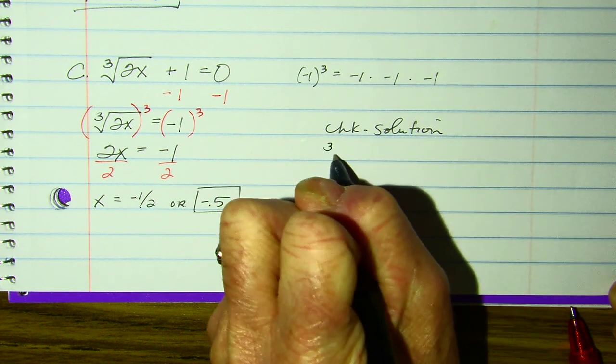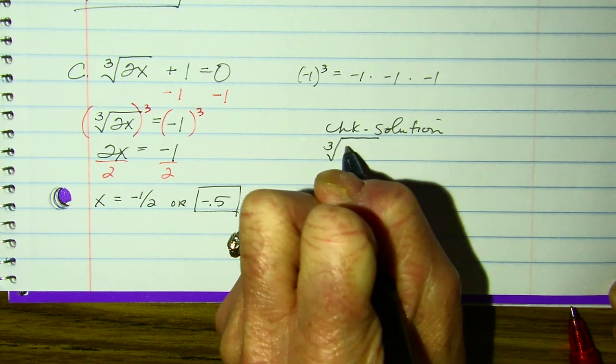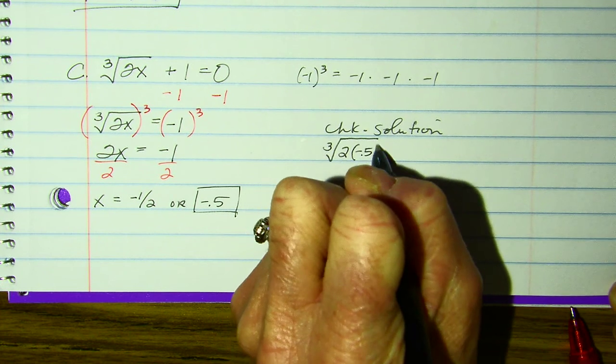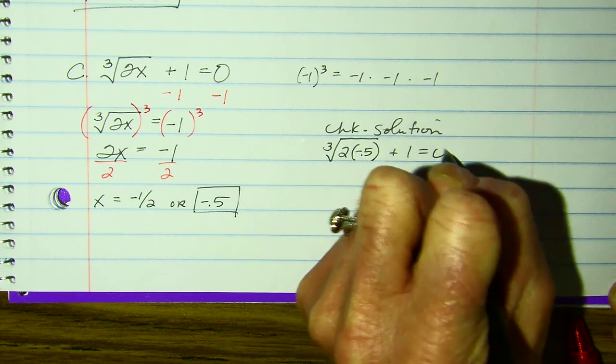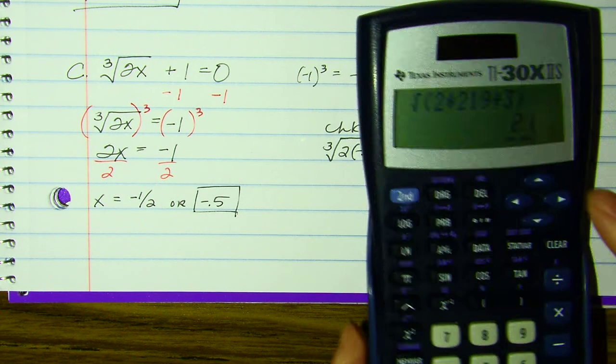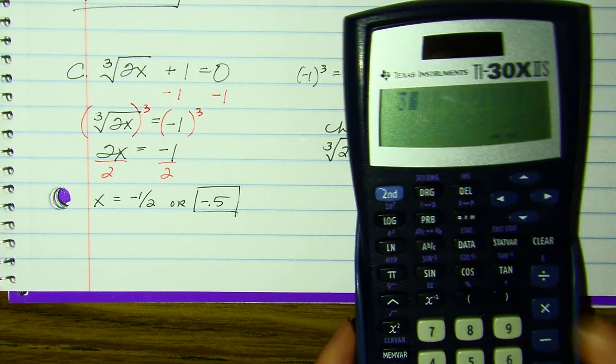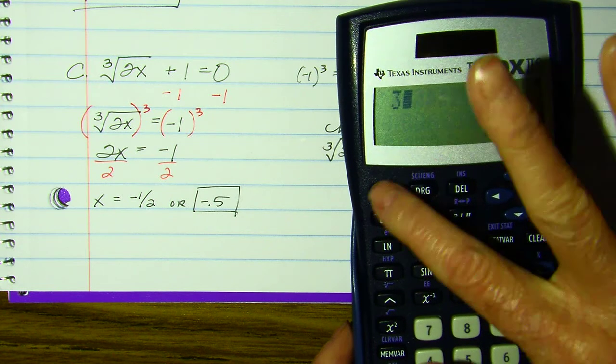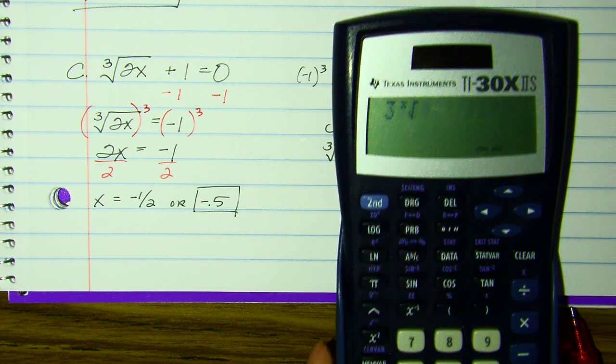So using Desmos, our calculator, is the cube root of 2 times negative 0.5 plus 1 equal to 0? Using my calculator, I have to hit the 3 for cube, and then enter this x root button.